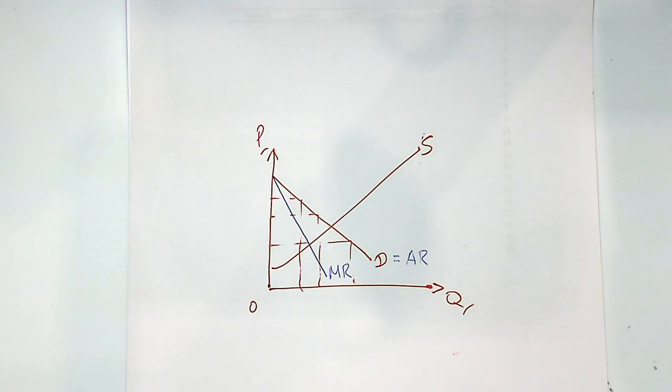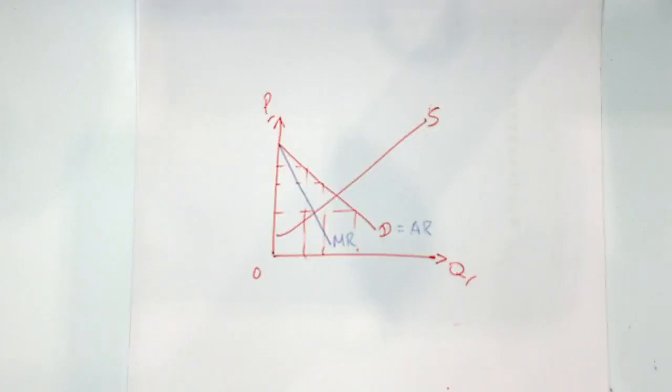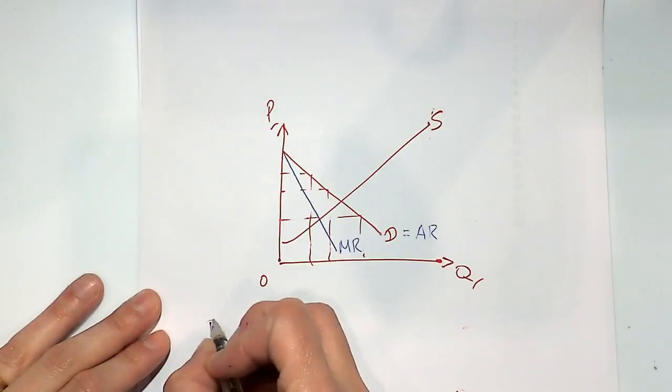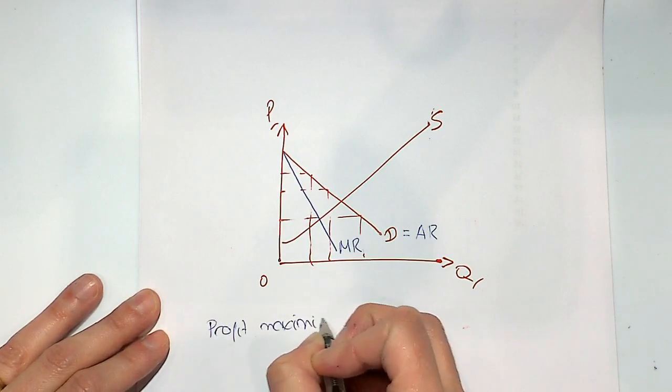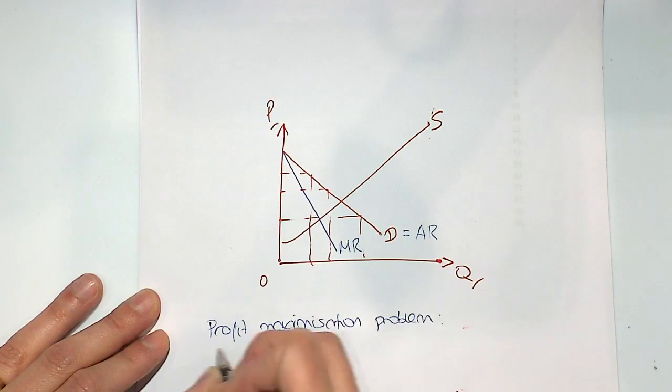Now, in perfect competition we said an individual firm cannot decide the price, the price is given, but it can decide how much output to produce. And the output will be decided when price equals marginal cost. So there are two important decisions in the profit maximization problem which my firms have to make.